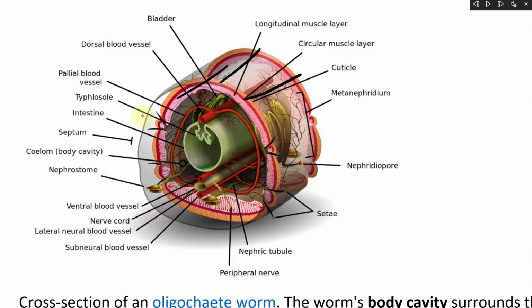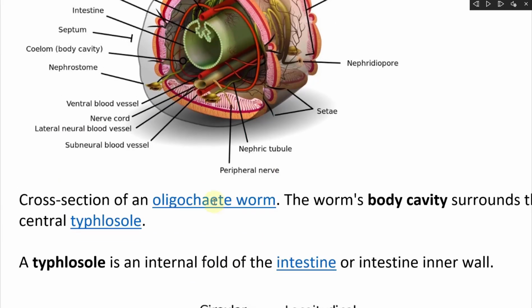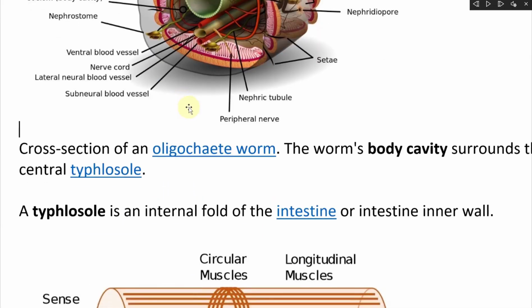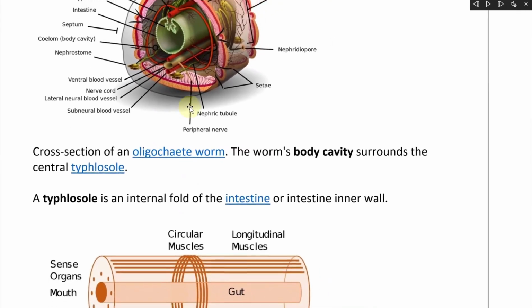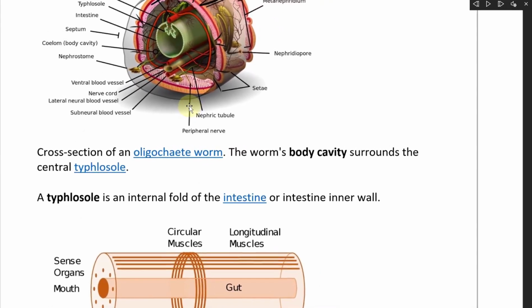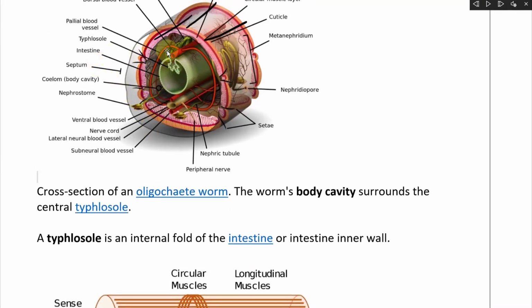Anyways, basically you have these longitudinal muscles around, and you have the coelom, the central cavity inside there, and there's the intestine over there, which is quite interesting. The body cavity surrounds the central structure, in that red line there. Actually, no, the center one is right here.